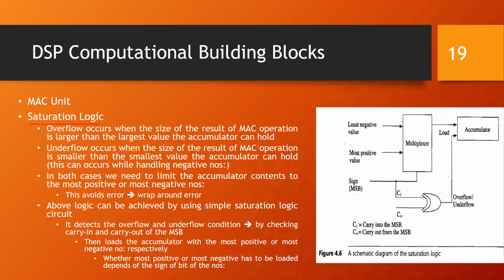You are going beyond the largest possible positive value, and moving below the lowest possible value. Under these conditions, saturation occurs. So when this is the case, we have to try to avoid the errors.